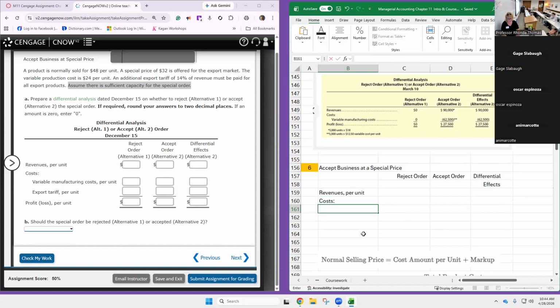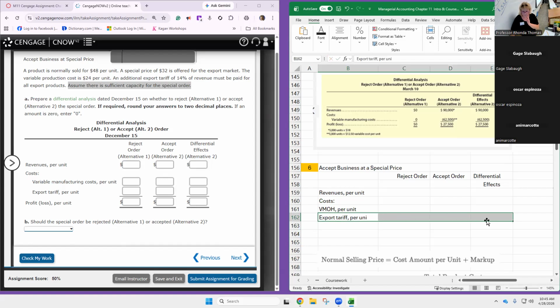And then variable costs. Variable manufacturing overhead per unit. And export tariff. There's a tariff for you. Well, tariffs are basically taxes. I don't care what the media says or anybody else. Okay, and then we have profit or loss to come to.